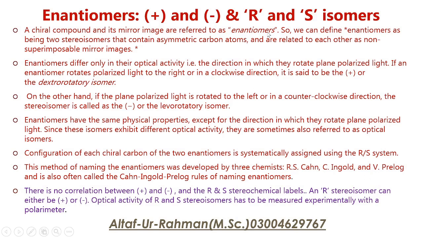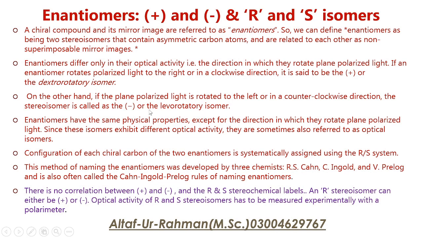Enantiomers, plus and minus, and R and S isomers: chiral compounds and their mirror images are referred to as enantiomers. We can define enantiomers as two stereoisomers that contain asymmetric carbon atoms and are related to each other as non-superimposable mirror images. Enantiomers differ only in their optical activity, that is, the direction in which they rotate plane polarized light. If an enantiomer rotates light to the right, or clockwise, it is said to be plus or dextrorotatory.